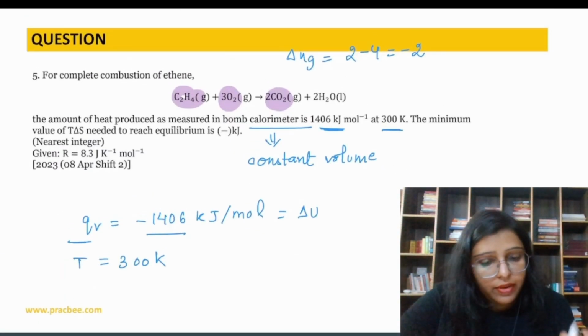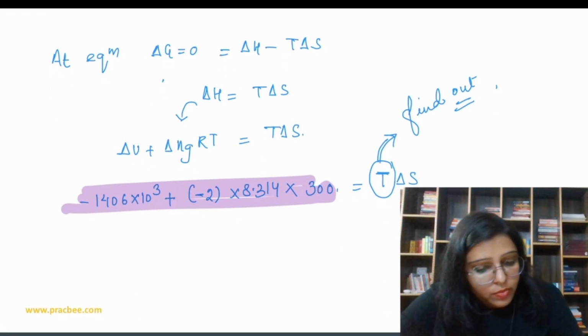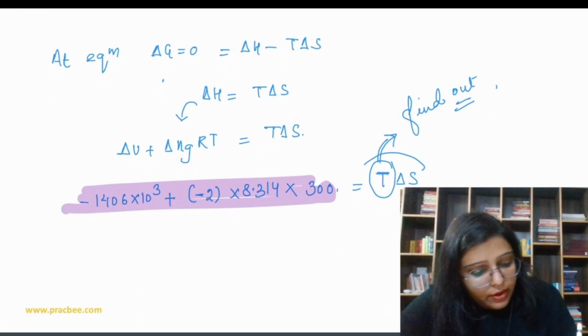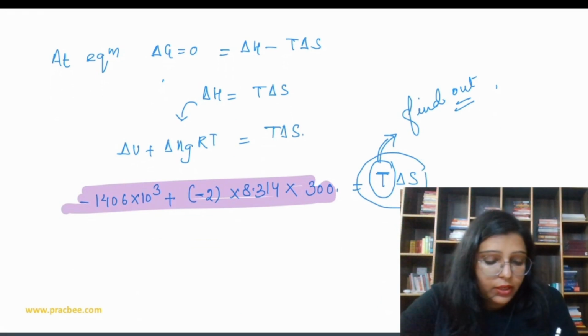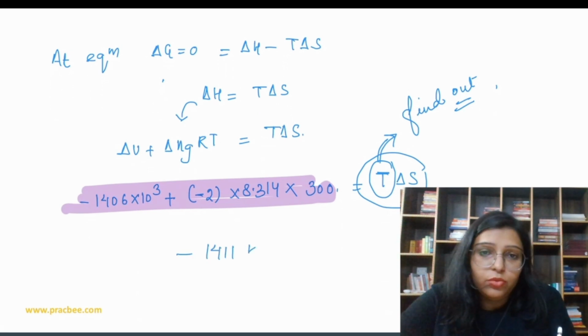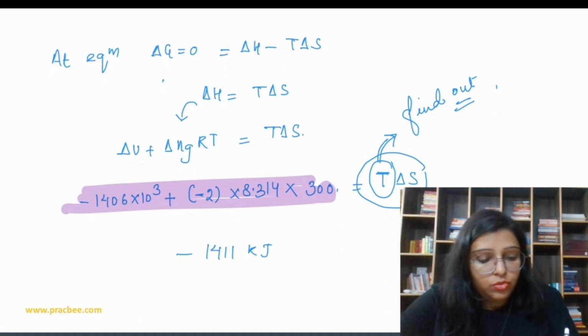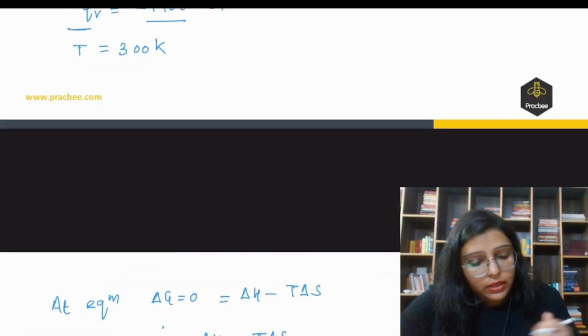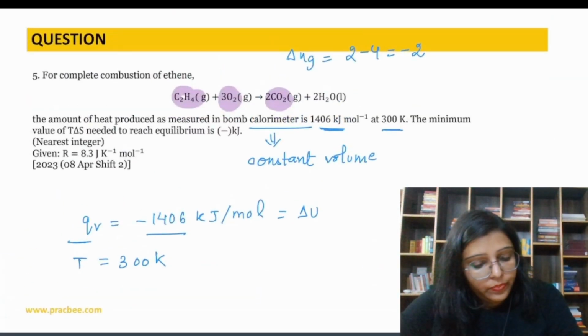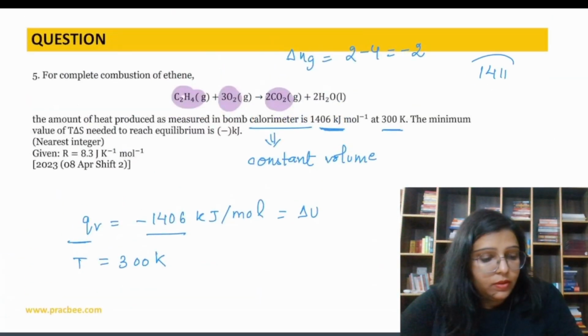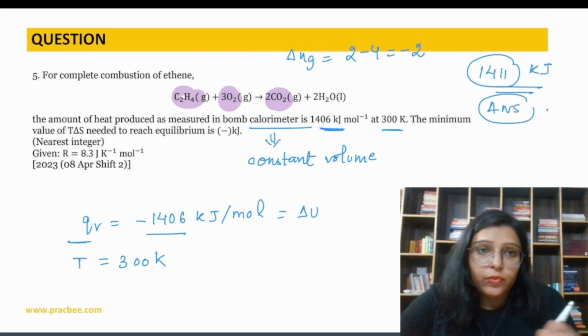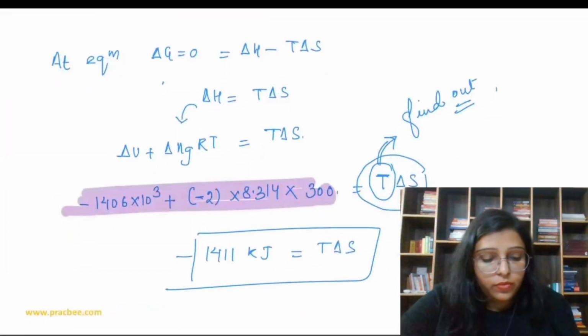We have to find out the value of T delta S. So basically not temperature, we have to find out T delta S. On solving, you get -411 kilojoule. So the T delta S value is 1411 kilojoule, that is the answer. Now let's do the next question.